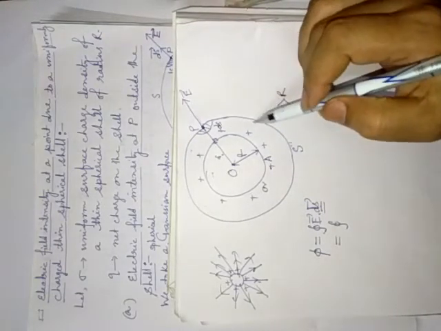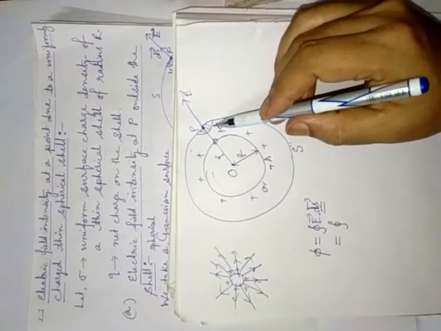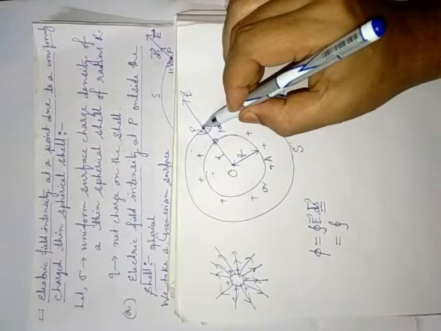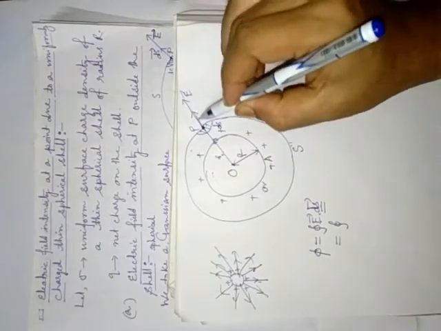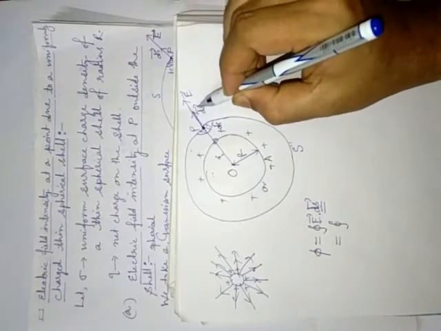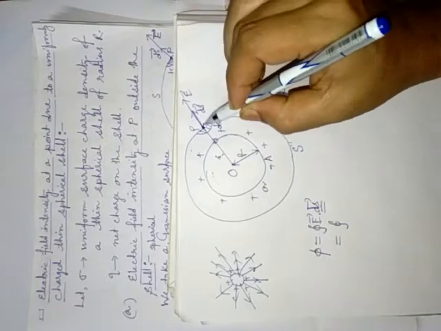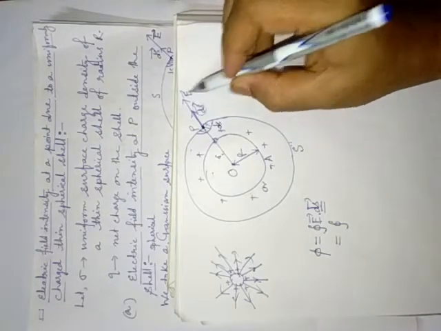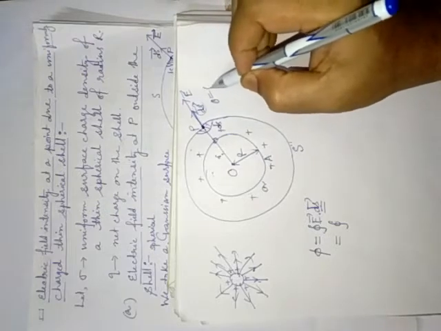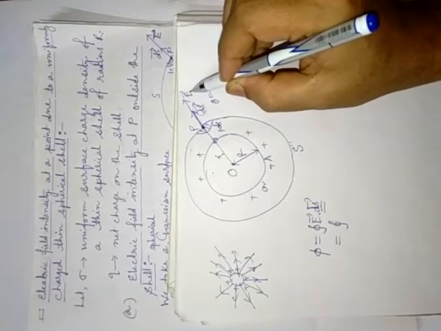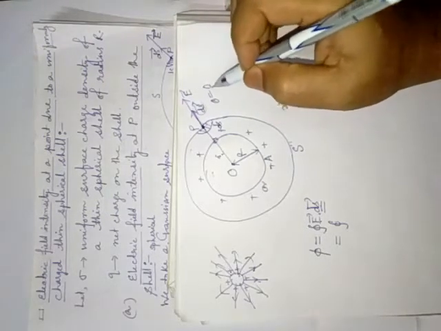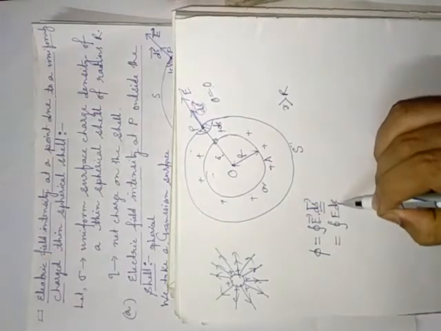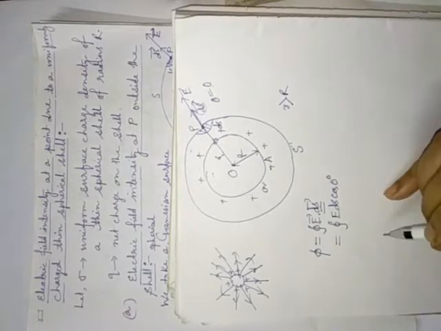There are so many ds here, but I have considered only one, around point P, and the area vector ds is perpendicular to the surface, and it is parallel to E. That is why the angle between electric field intensity E vector and ds vector is 0. Now E ds cos 0 degree.